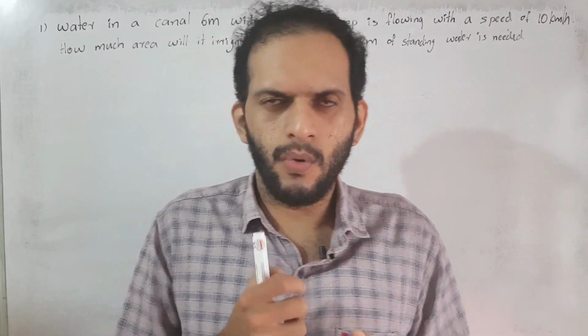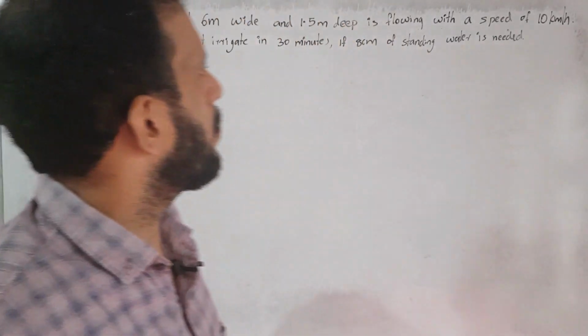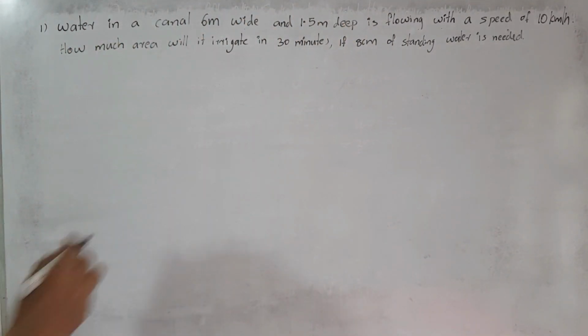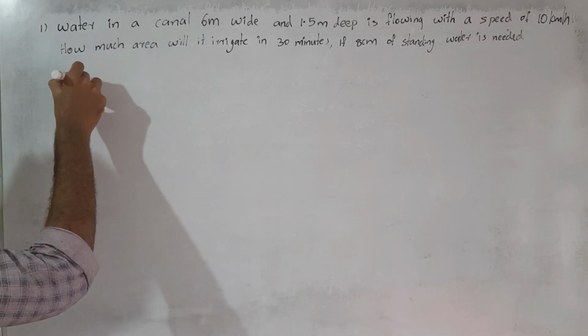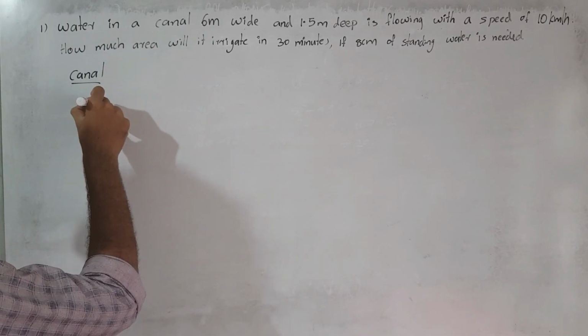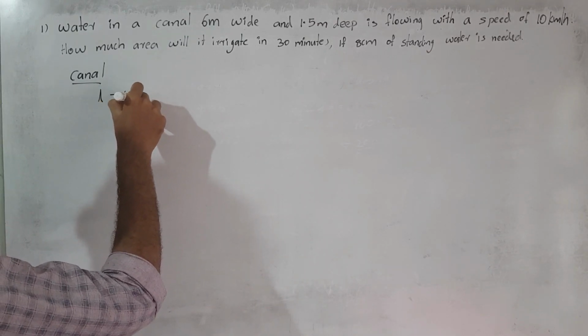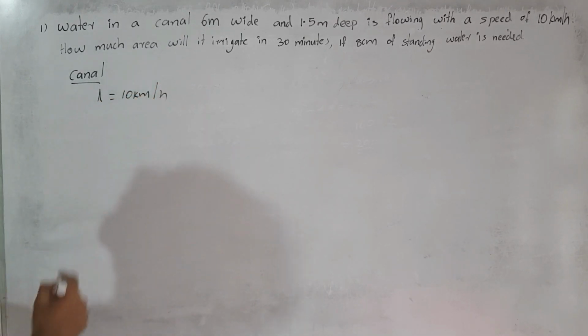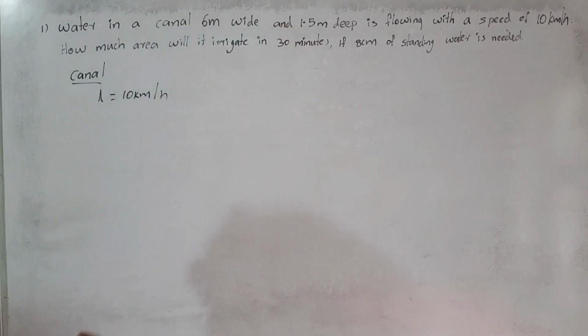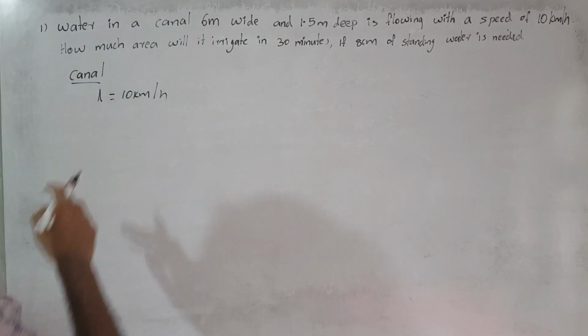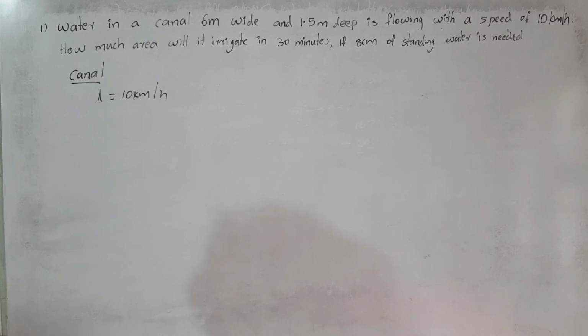Okay, so we first find out the volume one by one. First we find out the volume of the canal. Okay, the length of the canal is equal to 10 kilometer per hour. Then it's very clear all other measurements are given in meter, so we want to convert the 10 kilometer in terms of meter.